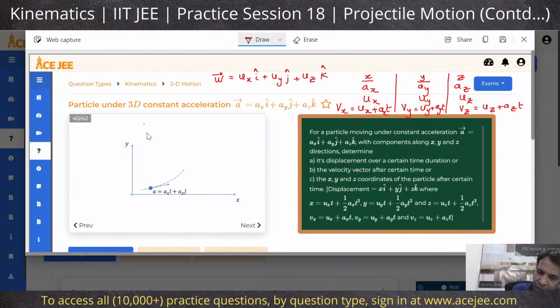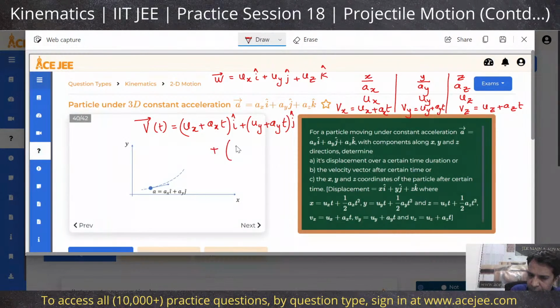And I can write my velocity vector at time t as ux plus axt i cap plus uy plus ayt j cap plus uz plus azt k cap.